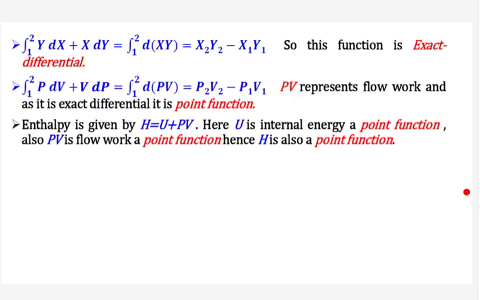And enthalpy is internal energy plus this flow work only, H equals U plus PV, where PV is flow work. U is internal energy, that is a point function. PV, now we know, is a point function. So if these two are point functions, H is also a point function. That U is a point function, I will show you in later classes.